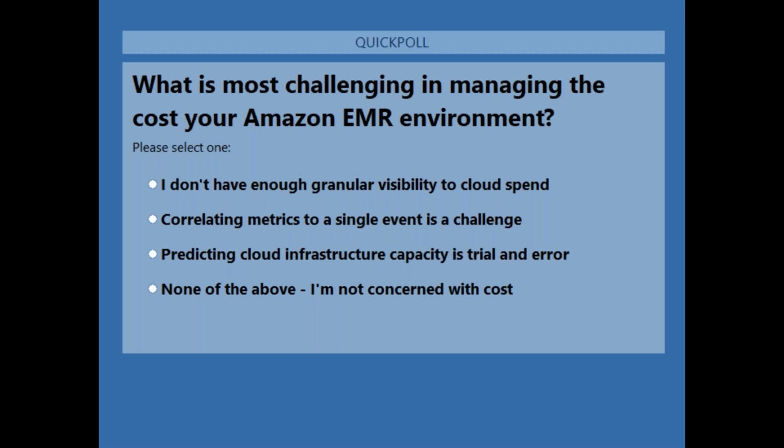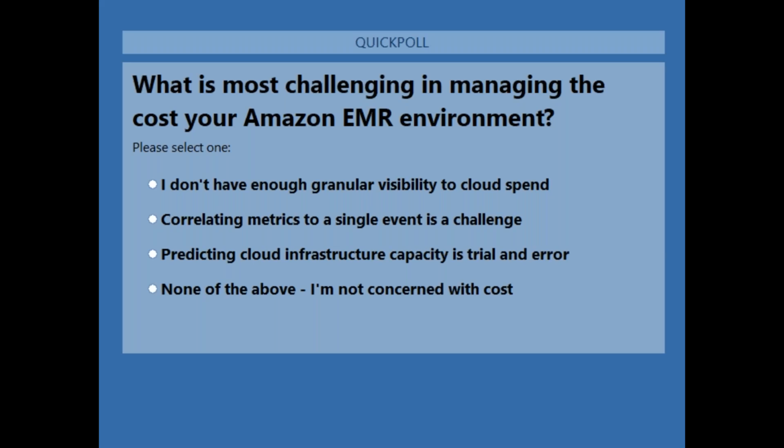The poll question is, what is most challenging in managing the cost of your Amazon EMR environment? You can choose from: I don't have enough granular visibility to cloud spend, correlating metrics to a single event is a challenge, predicting cloud infrastructure capacity is trial and error, or none of the above, I'm not concerned with cost.